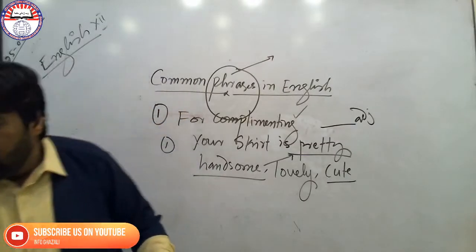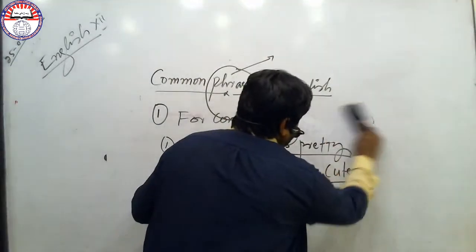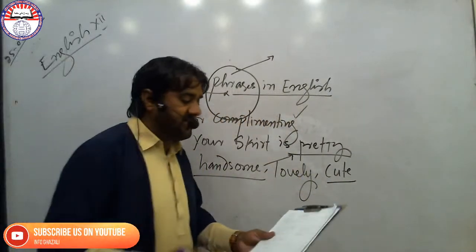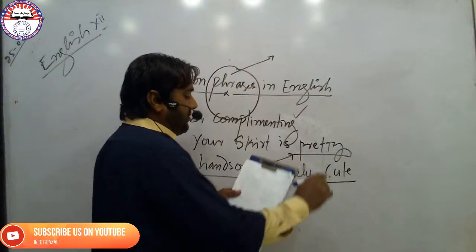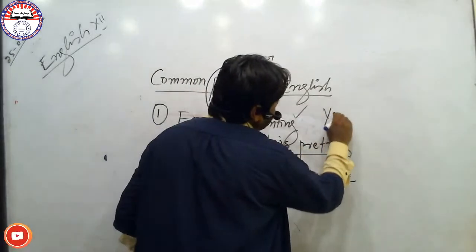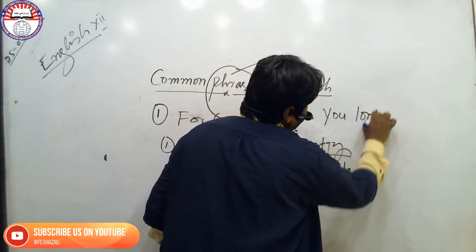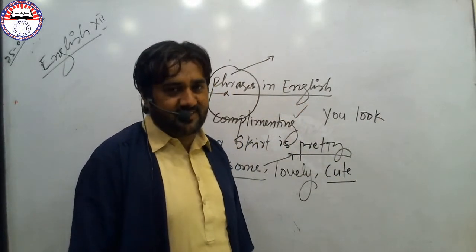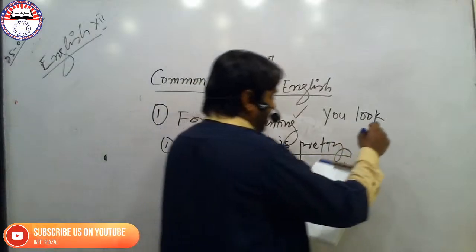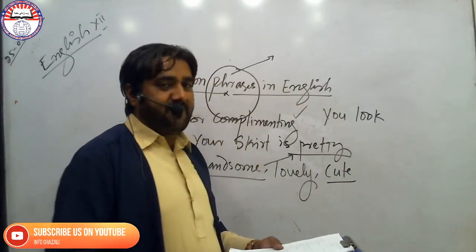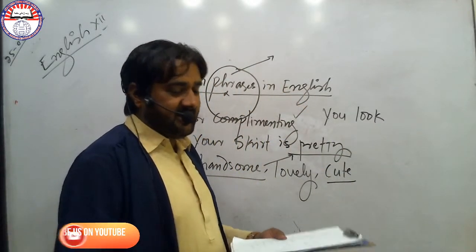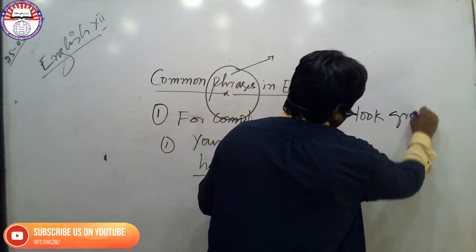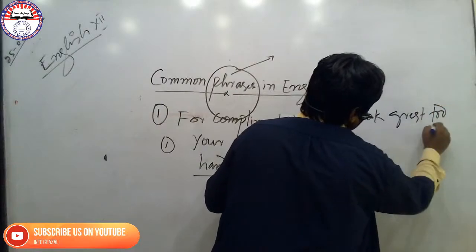Okay, what other examples do we have? We have many other examples. For example, if you say, you look great today, make sure that I'm not looking great today. Why? Because I'm just in rough clothes. So I'm not here to pay compliments to myself. Rather, I'm just giving you these ideas. You look great today.